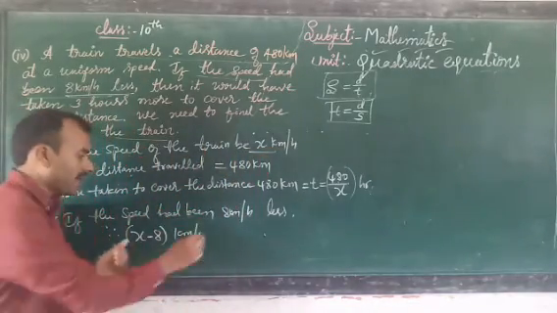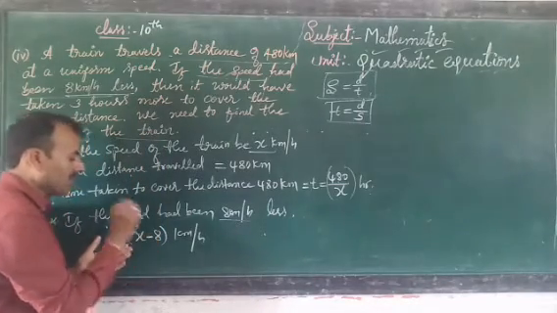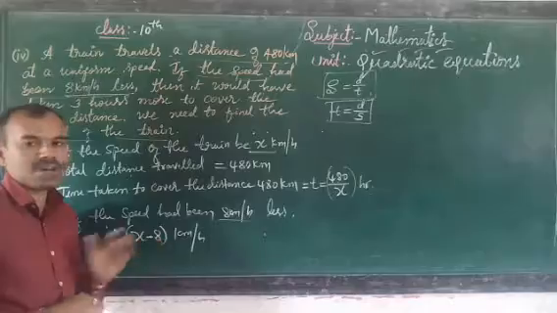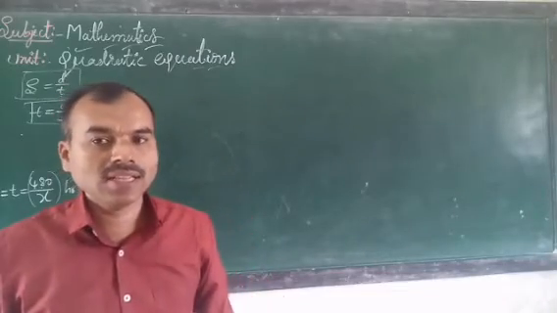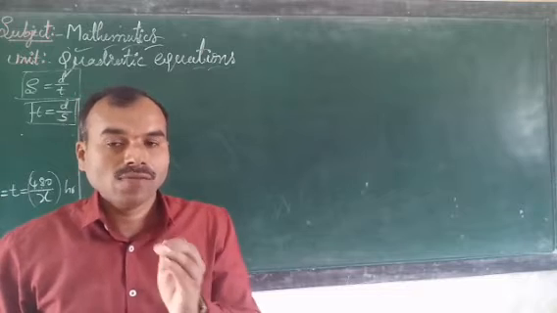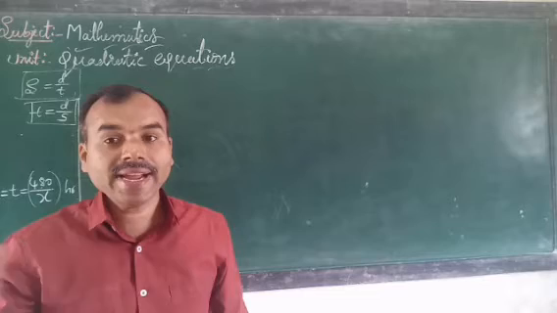If the speed is 8 kilometer per hour less, the new speed is x minus 8 kilometer per hour. Write down the time taken to cover the distance 480 kilometer at speed x minus 8.